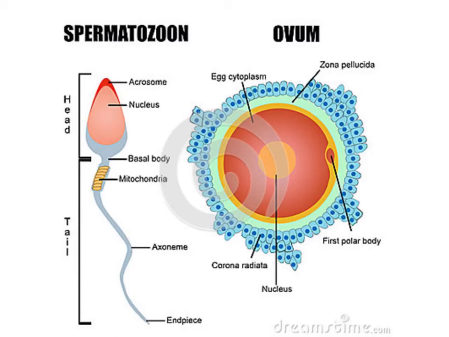Now, since they are 2 separate cells, each cell only has 23 chromosomes in the nucleus of the sperm and 23 chromosomes in the nucleus of the egg. Now, when the 2 combine, then we say that the 2 have now created 1 cell of 46. So they are going from haploid, 23, to 1 diploid cell of 46 chromosomes.